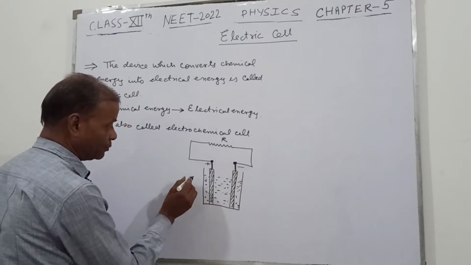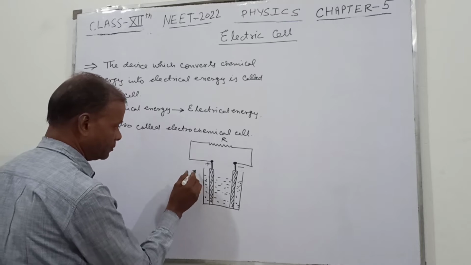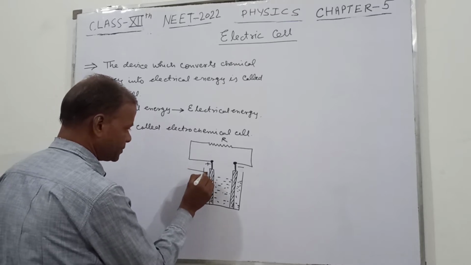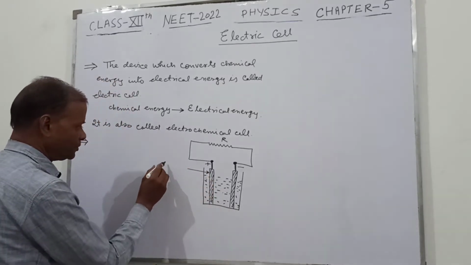So these are the electrodes. This is the negative electrode. This is the positive electrode.